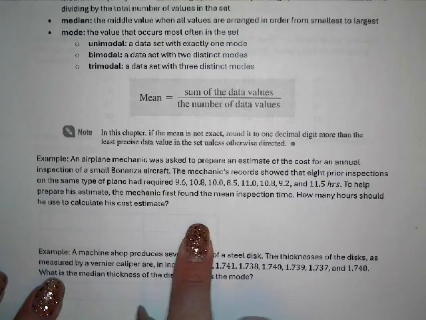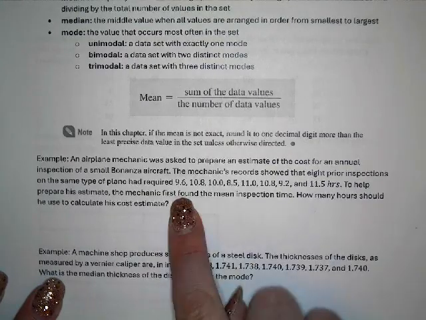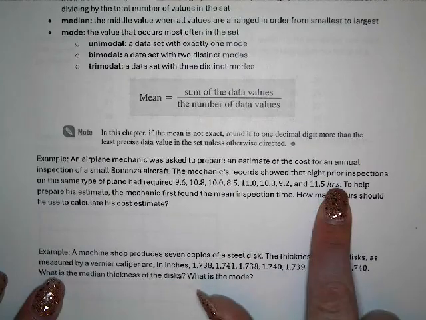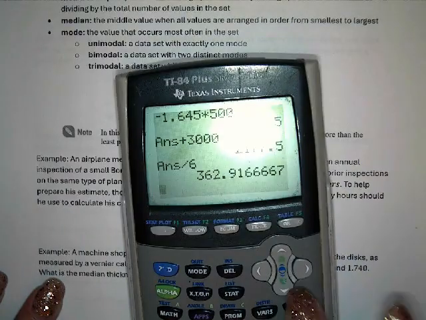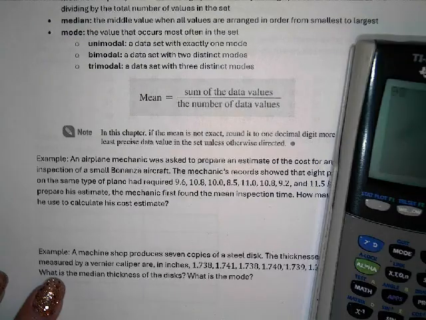So we're going to go ahead and find the mean just by finding the sum of all these data values, and then we'll divide by the number of data values that we had. So 9.6, 10.8, 8.5, oh, I skipped 10. 10, 8.5, 11, 10.8, 9.2, 11.5.